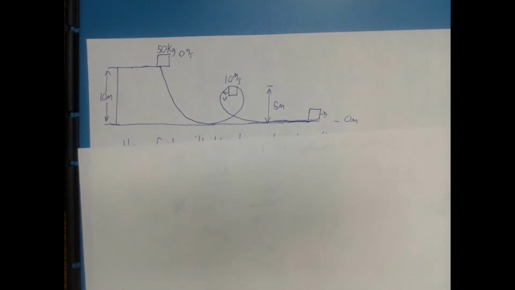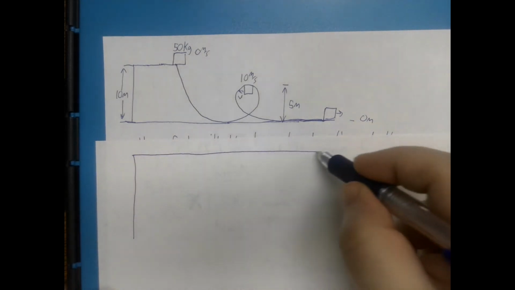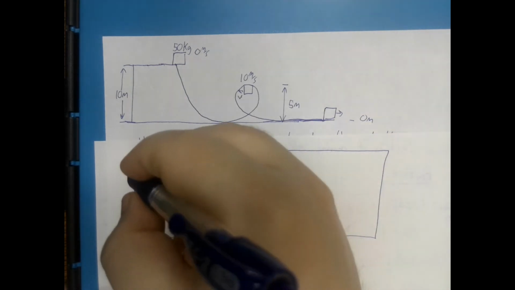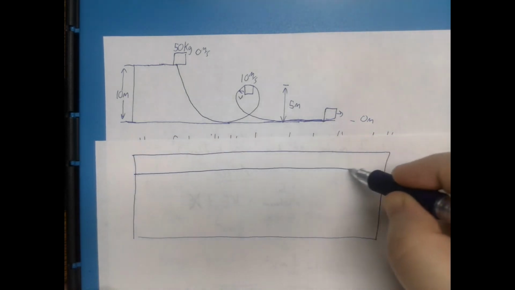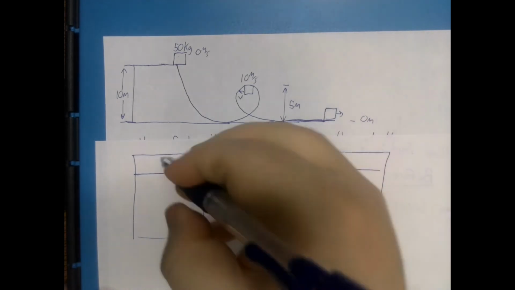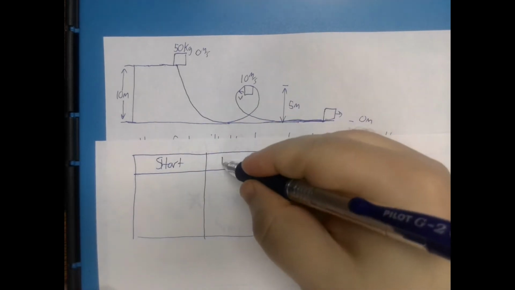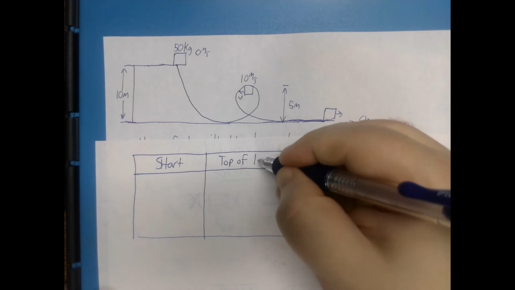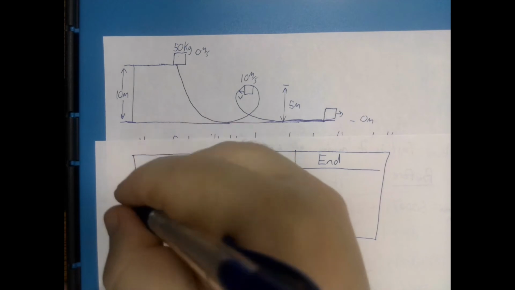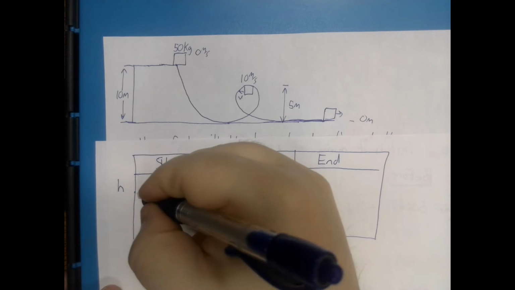So, if we were to look at this, this is at start, top of loop, and the end. We have a height.